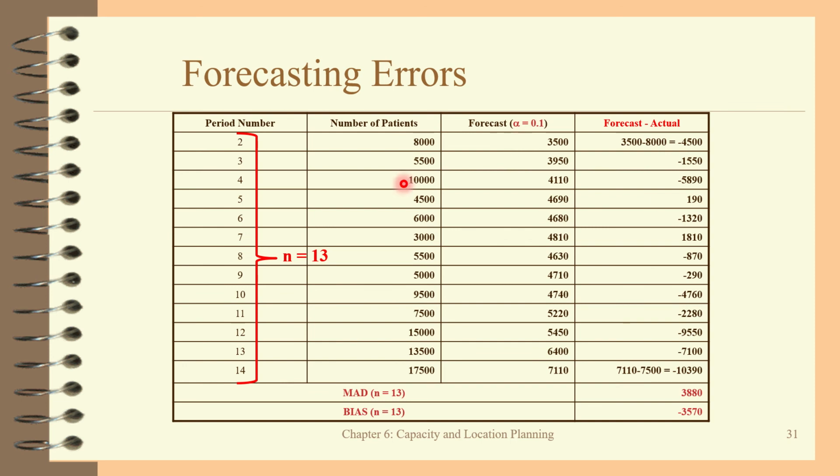For the forecasting with exponential smoothing, the only periods that you have both actual and forecast are from period 2 to period 14, right?